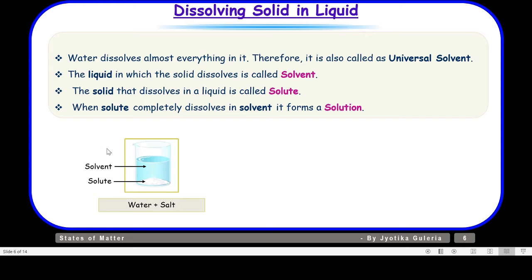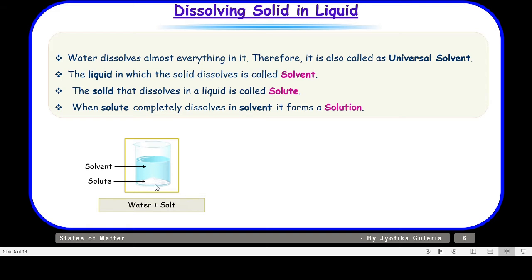When we say the liquid in which the solid dissolves, this is the liquid, and we know our liquid is water. So water here is the solvent. Then the solid that dissolves in a liquid is called the solute. And what is the solute in our example? It is salt.